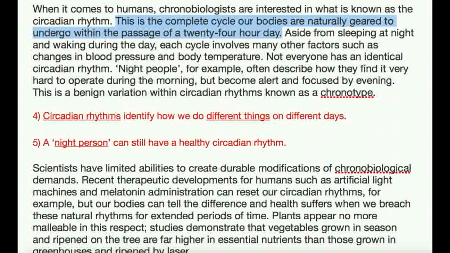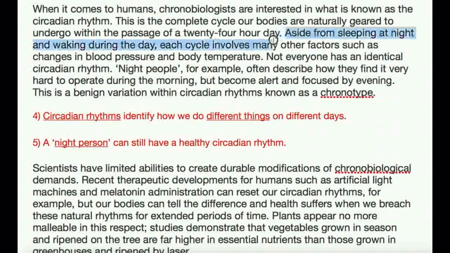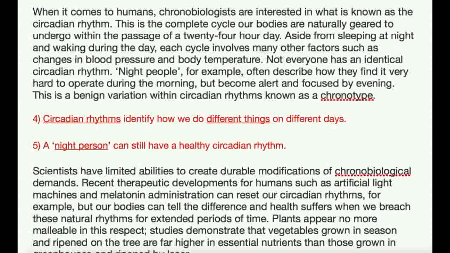We should read any more information in case this is connected. Aside from sleeping at night and walking during the day, each cycle involves many other factors such as changes in blood pressure and body temperature. Well, that's not really connected with this. Not everyone has an identical circadian rhythm.